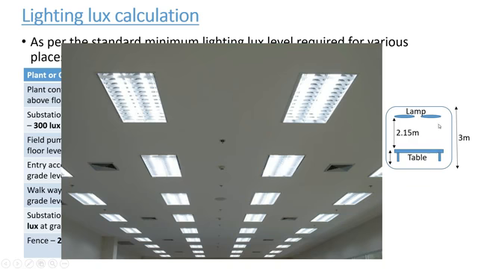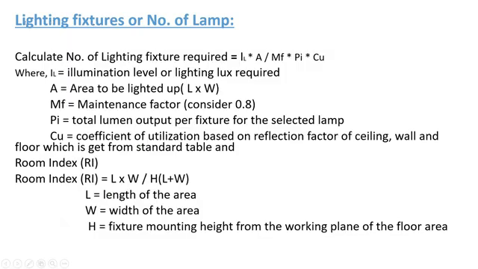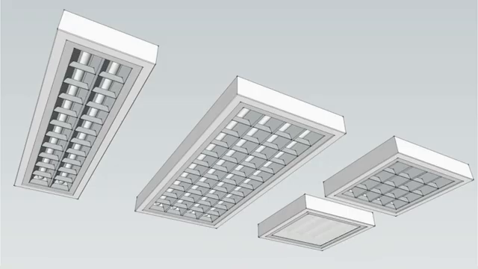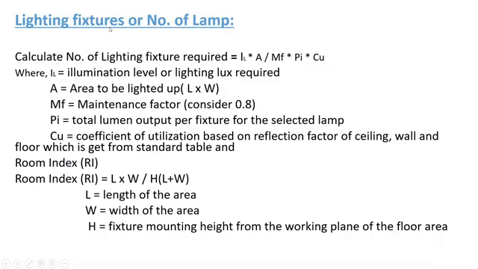For that, I need to do the calculation for finding the number of lamps or number of lighting fixtures required. Normally a lighting fixture is nothing but 2 or 4 lamps connected in one lighting fixture. It's mostly used in the plant, substations, even commercial areas. Nowadays we mostly use lighting fixtures.